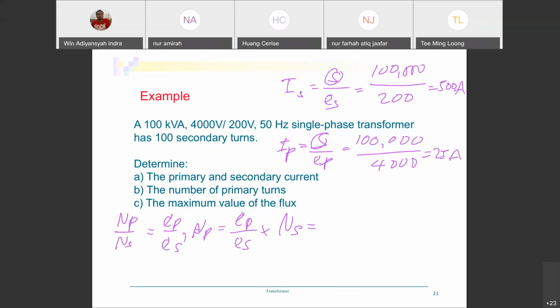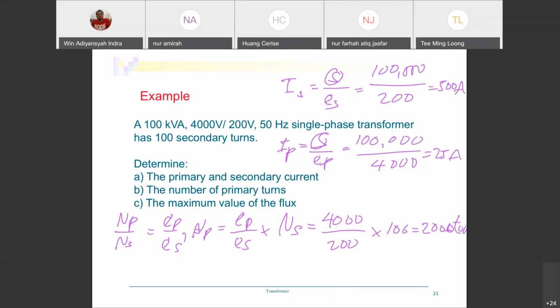EP is 4,000, ES is 200, NS is 100. So this one is 2,000 turns. The number of primary turns.